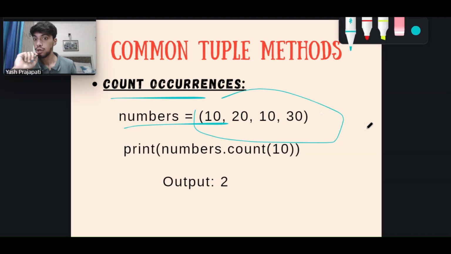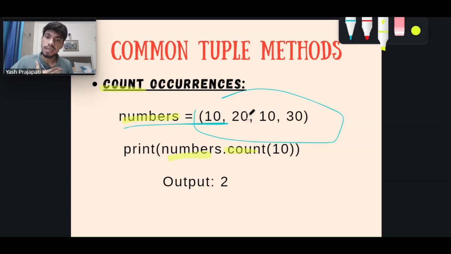We are finding the count using the keyword count. So print numbers, the name of the variable we initiated, and dot for using a method. The method is count.